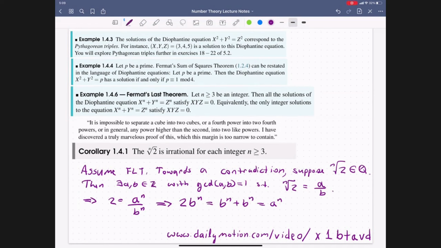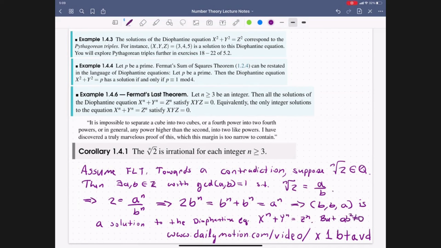We have then that b, b, a is a solution to the Diophantine equation x to the n plus y to the n equals z to the n. But a times b is non-zero.